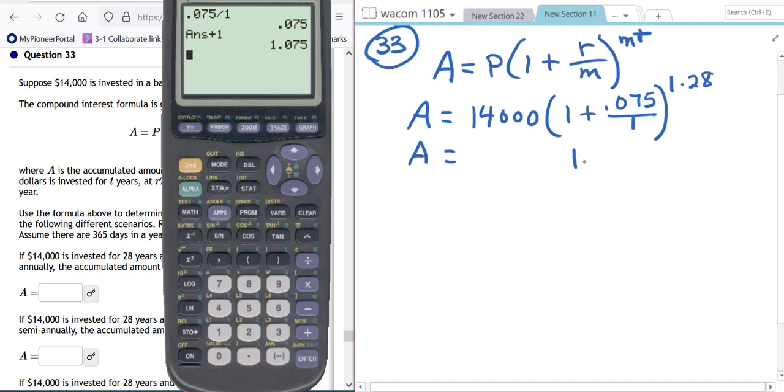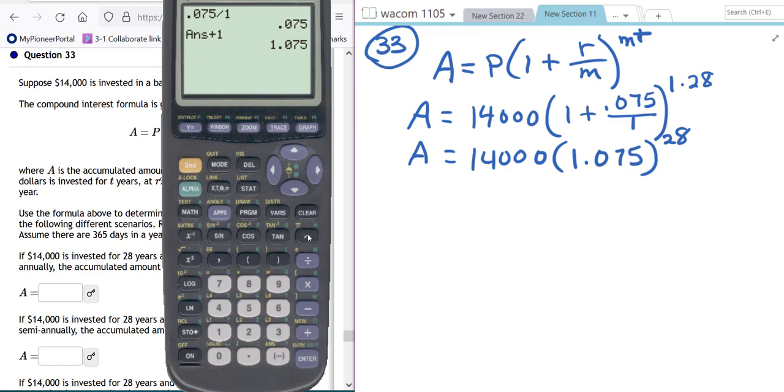I'm going to write that much down. All right, 1 times 28 is 28. All right, order of operations, parentheses would go first, exponents go next. So I need to raise this, so it's still sitting in my calculator, to the 28th power.